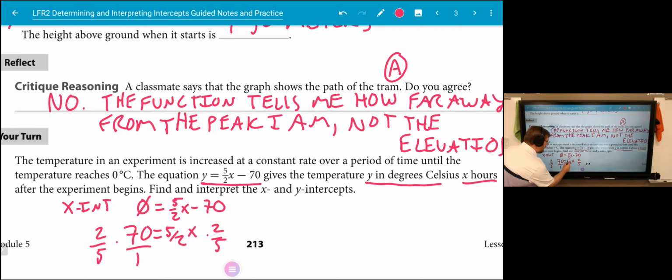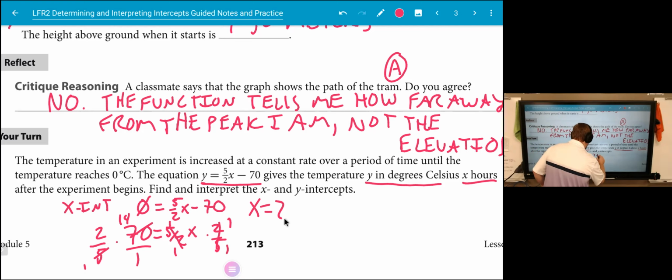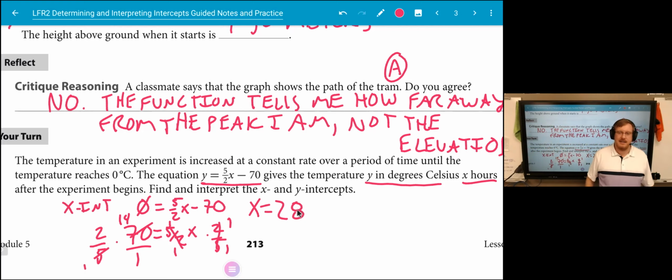Now I need to simplify this fraction. If I multiply here, 5 times 2 is 10, 2 times 5 is 10. That's just 1. It all simplifies to 1. It does not cancel, it simplifies. So x equals, can I simplify here? Yep, I can simplify 70 and 5. This becomes 14 and 1. I multiply across, and this is 28. Yay, 28. 28 what?